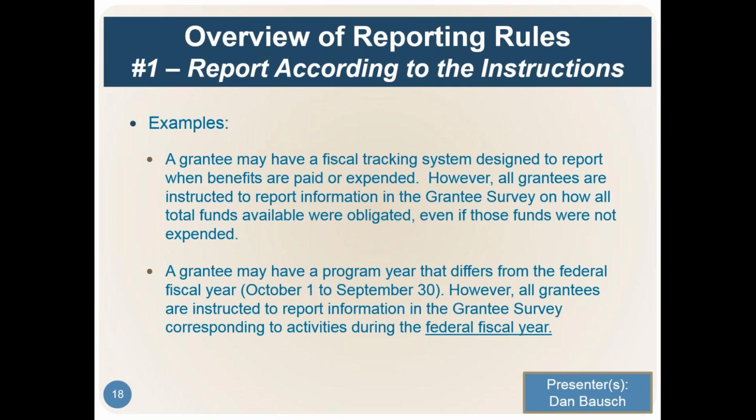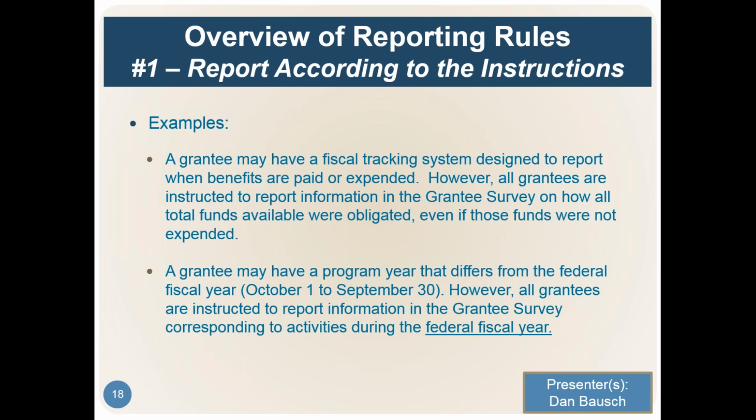And here's a few examples of instances when we want to make sure that you're aware of the instructions and are able to follow them. In the first bullet, a grantee may have a fiscal tracking system that's designed to report on when benefits are paid out or expended. However, for the grantee survey, you're being asked to report on the obligation of funds, even if those funds weren't expended yet.